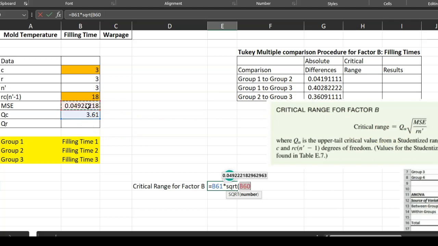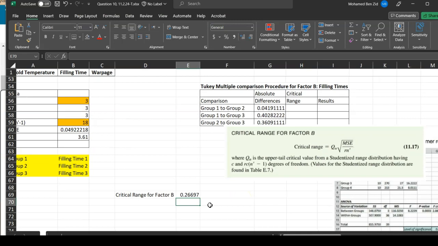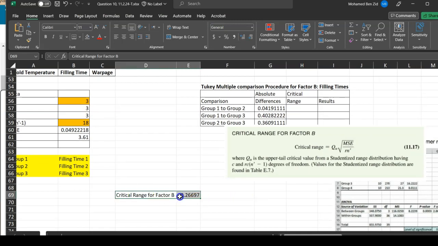Click on that one and then divided by, open the parentheses, R times n'. The R is 3, and n' is 3. Close the parentheses twice and enter. So this is 0.26697. This is my critical value that I'm going to have to compare with, right?